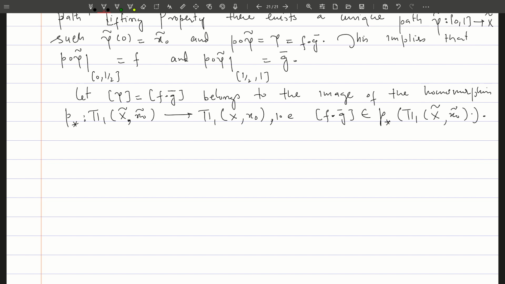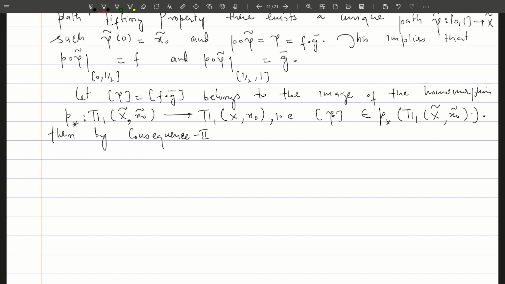So then by consequence second, now since f dot g bar is, let us call this gamma. Since this gamma has the unit to gamma tilde, then by consequence second, which we did in the last lecture, it states that the lift of gamma will actually be a loop based at x naught tilde.